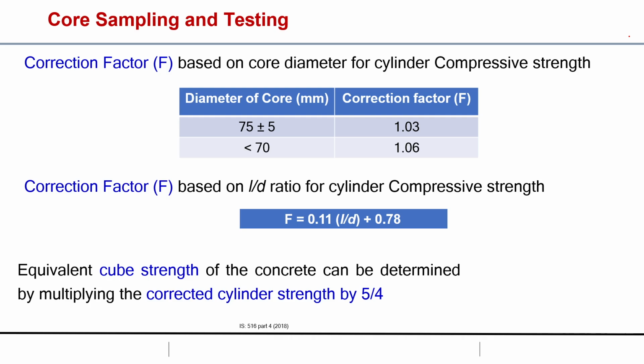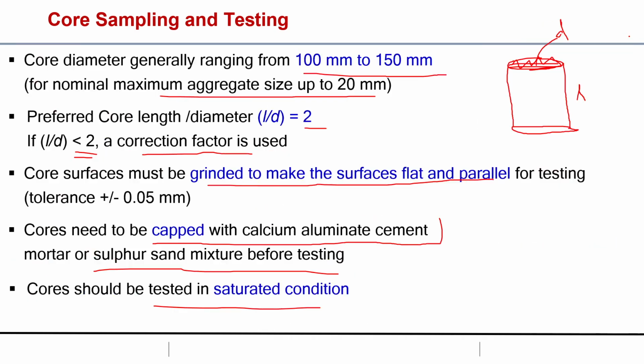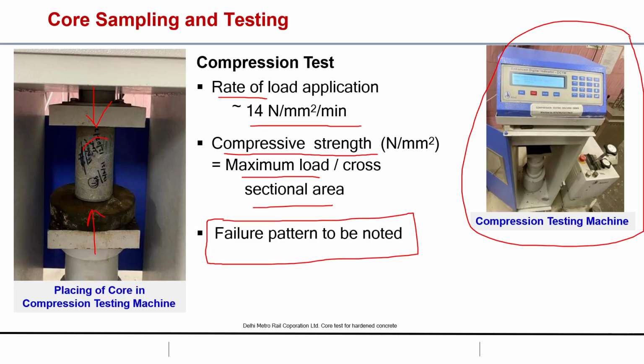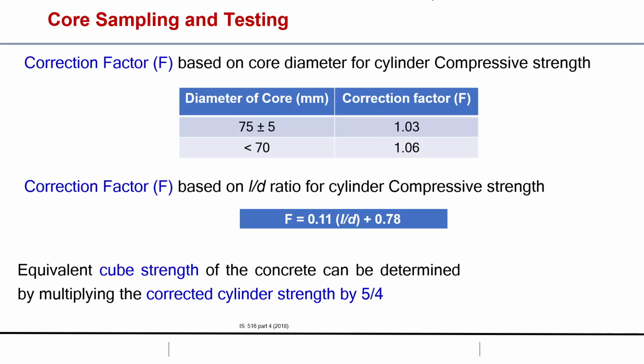As I told you in the last slide, there is a correction factor. So let's discuss what the correction factor is. The correction factor is based on core diameter for cylinder compression strength. If the diameter of the core is 75 plus or minus 5, then we use the correction factor 1.03.